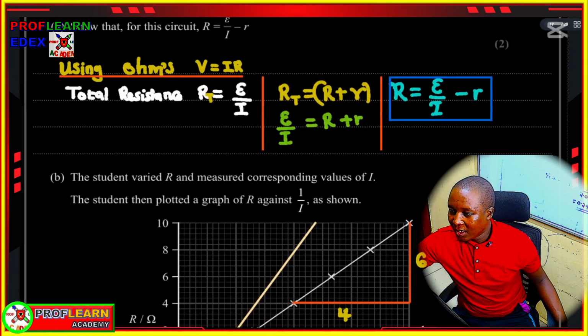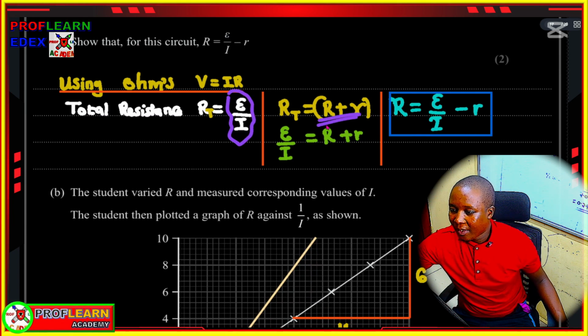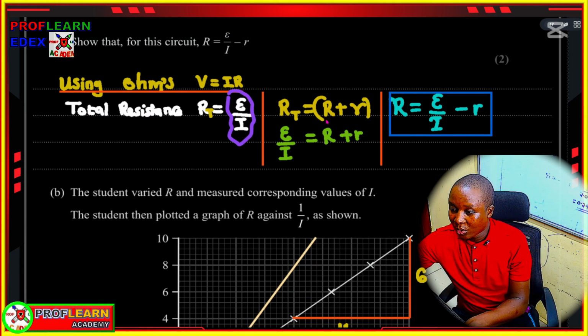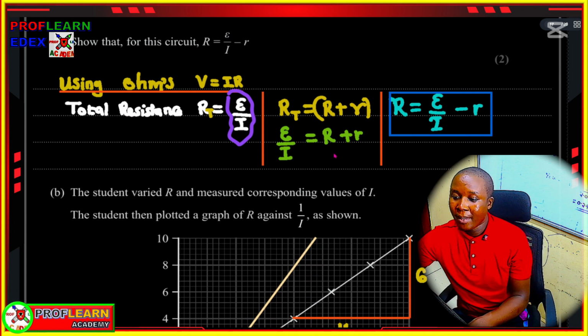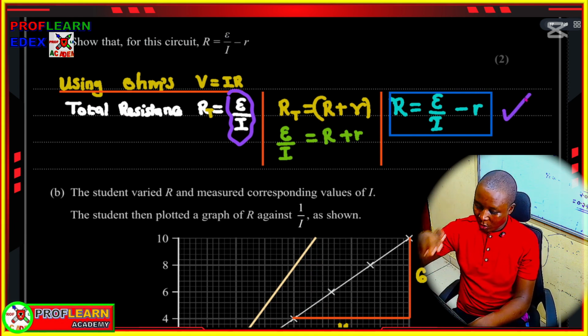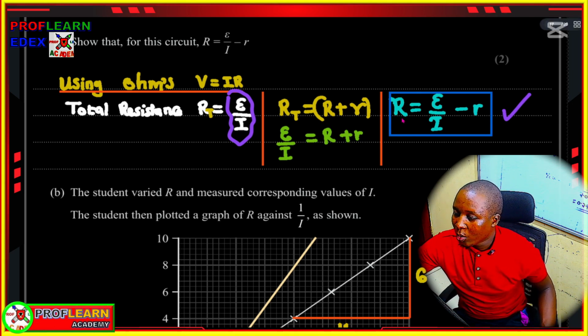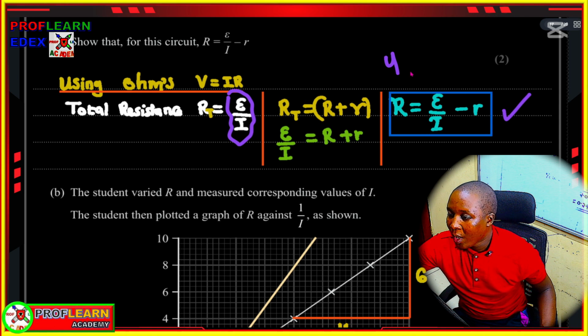Then once we have achieved that, we can say this section here is equal to this part, and our answer reduces to E over I is equal to R plus small r, which is the internal resistance. So if we make capital R the subject of the formula, we shall remain with our equation that way. And if you see, this equation that we have here is the equation of y equals mx plus c.